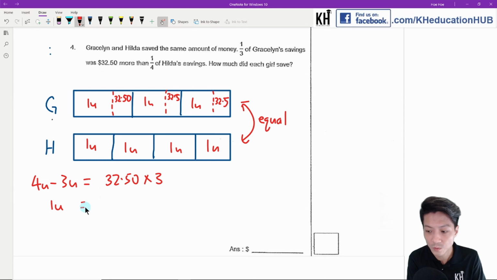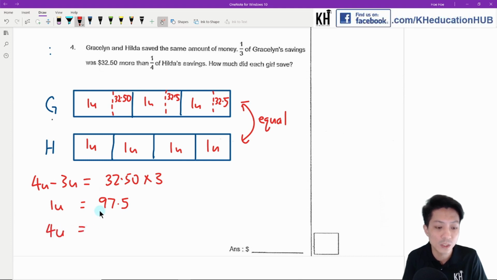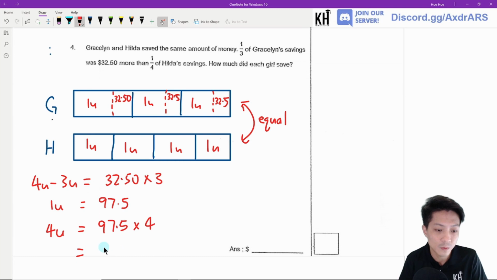So 1 unit will be equal to 32.50 times 3, which is $97.50. The question is asking how much did each girl save, so I'm going to find what 4 units is equal to. 4 units will be 97.5 times 4, which is $390.